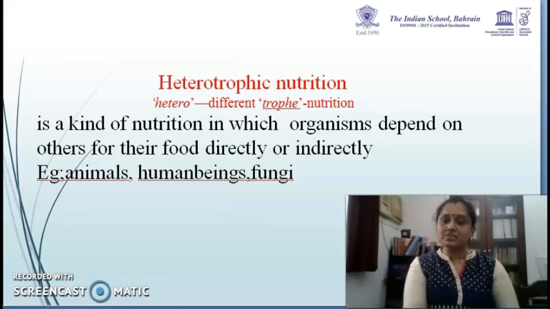If the food source is stationary or static like grass, an animal like a cow has to come and eat the grass because the grass cannot move. And if the food source is moving or mobile like a deer, an animal like a tiger has to run and catch the prey. In both cases, body parts of these organisms are adapted to that particular mode of nutrition.